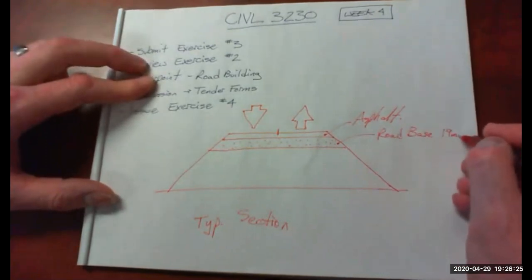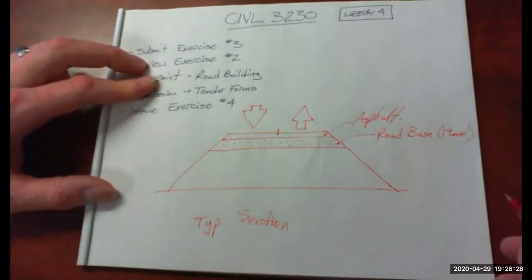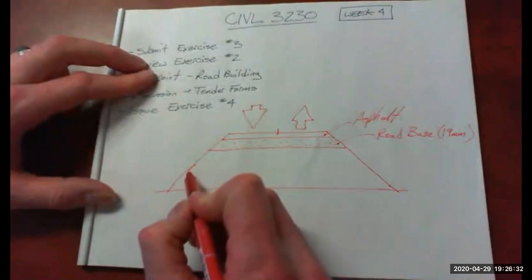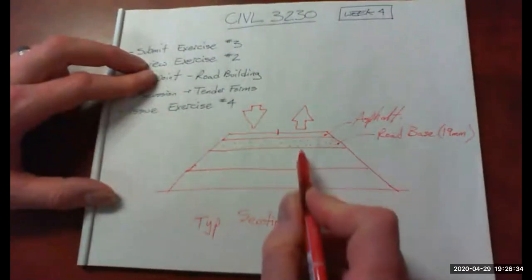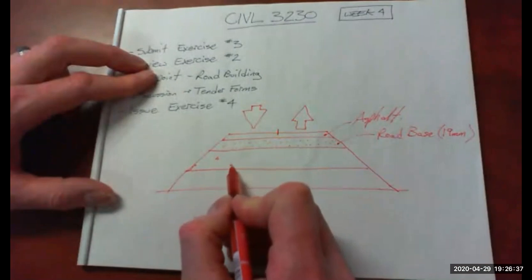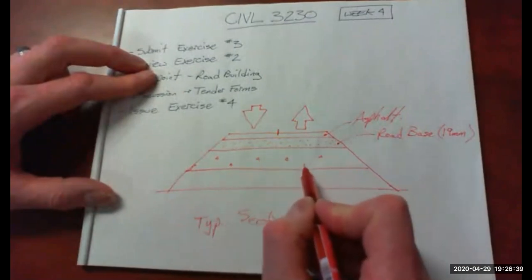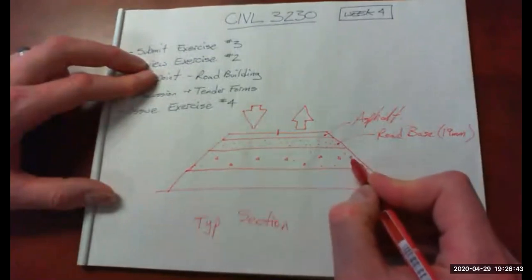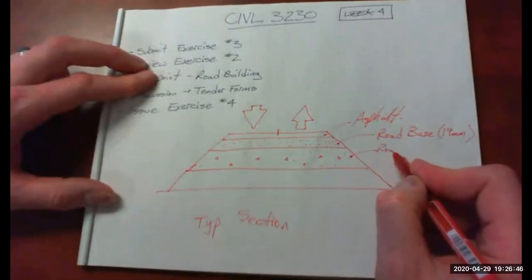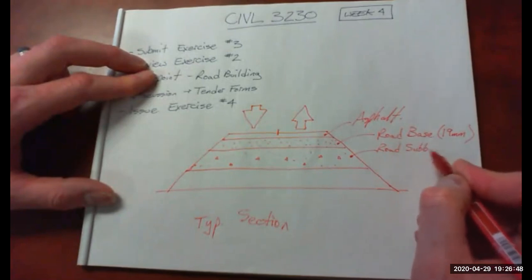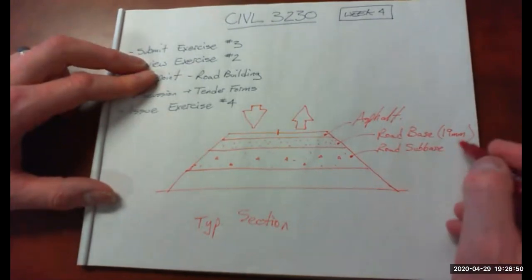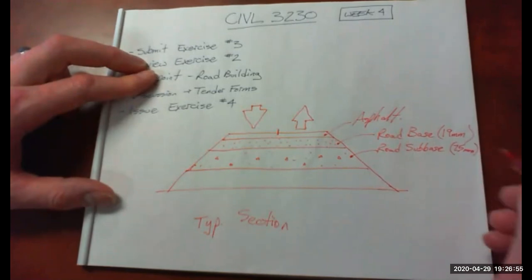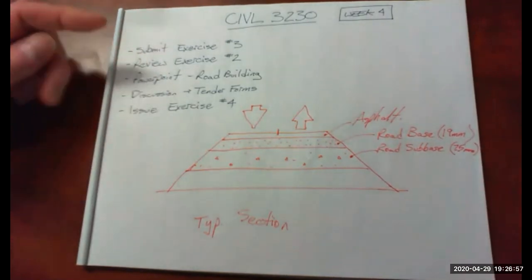Usually it's 19 millimeter. That's the size of the gravel. And then you've got, typically it's a thicker layer than the base. So I'll draw it with a slightly different hatch on it. This would be the road sub base. Again, this is gravel, typically 75 millimeter and smaller size gravel.